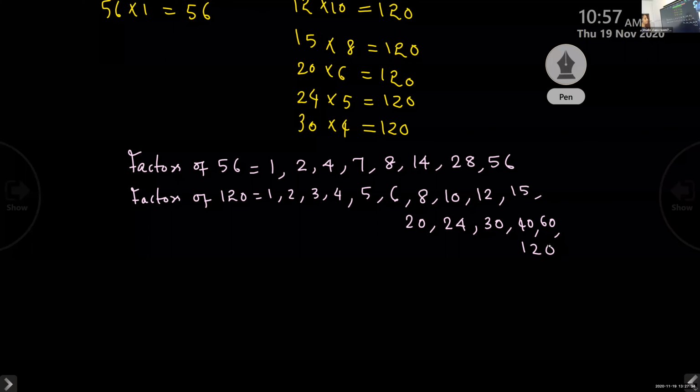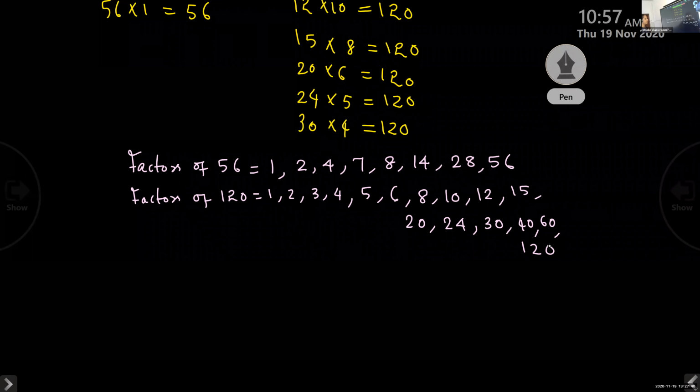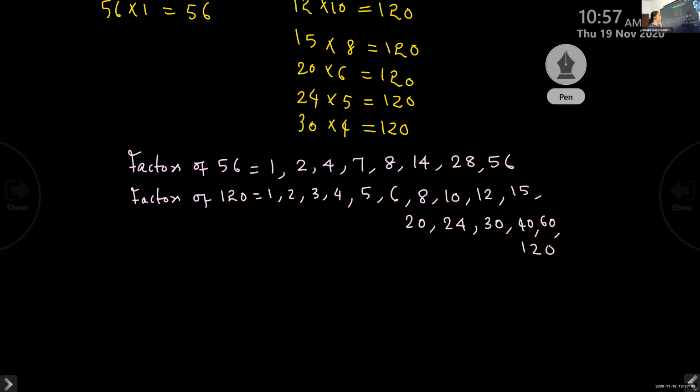In between, 7 and 9 are not there, 11 is not there, 13, 14 not there, 16, 17, 18, 19 not there, 21, 22 not there, 24 is there, 25, 26 and all those things are not there. Then 30, 40, 60 and 120.